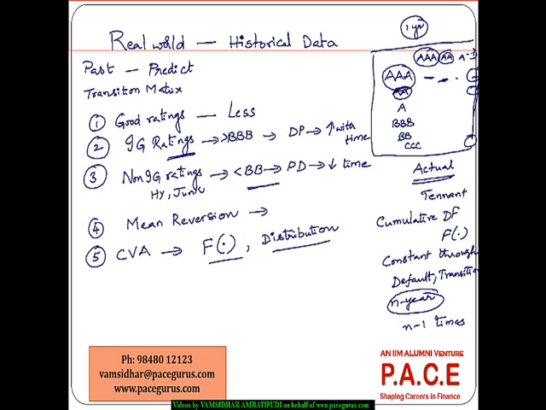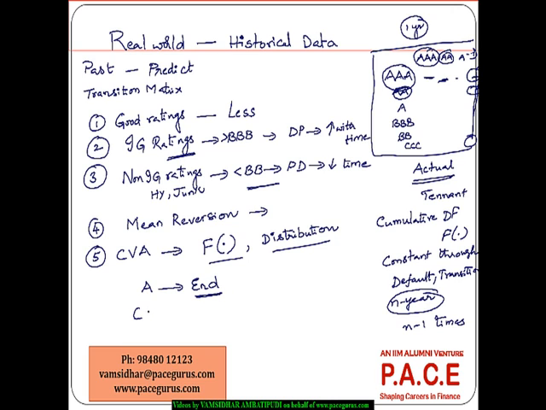Because for some kinds of securities, for some ratings, it is first increasing and then decreasing, whereas for the other set, it is first decreasing and then increasing. If you look at a typical AA, AAA, A rated company, if at all the default occurs, it has to occur at the end of the time period.